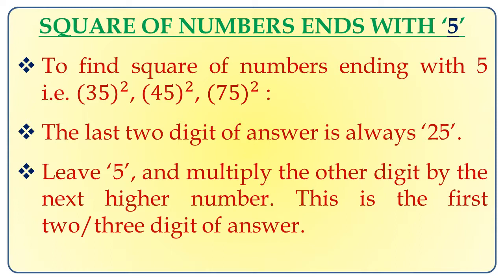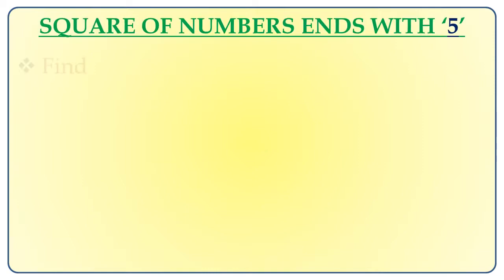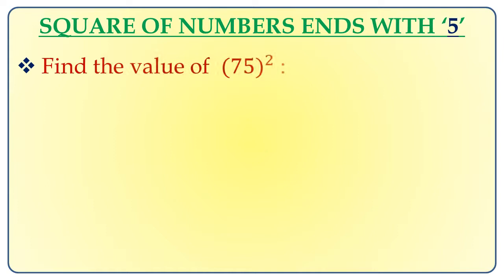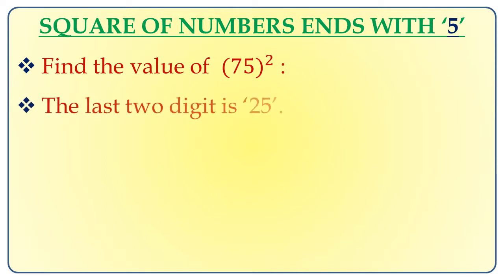Let us take examples to clarify this concept. Find the value of 75 square. Now here 75 ends with 5. So the last two digits of the answer will always be 25.